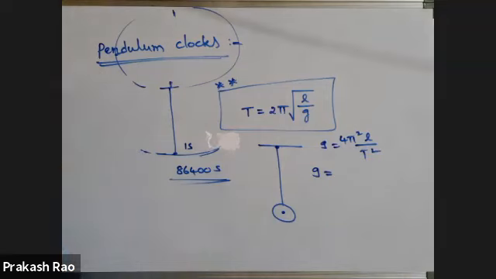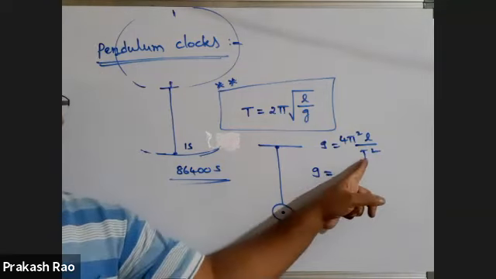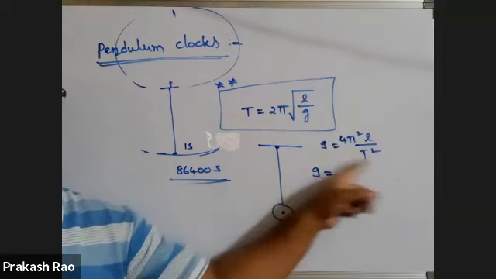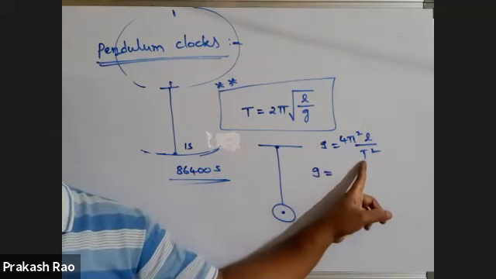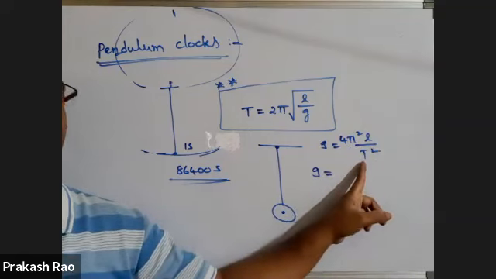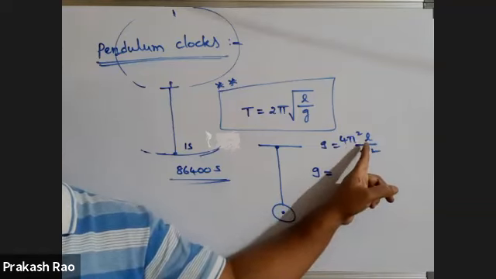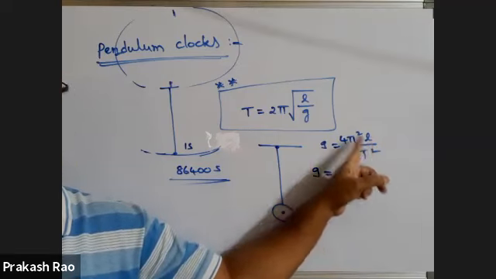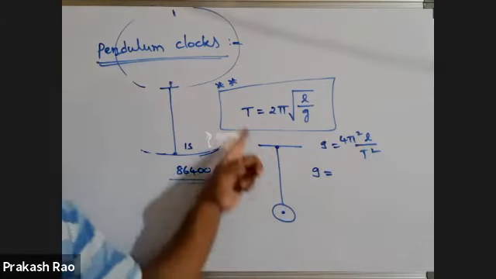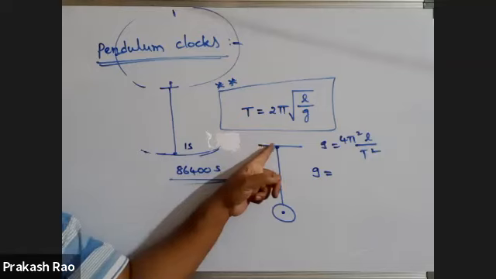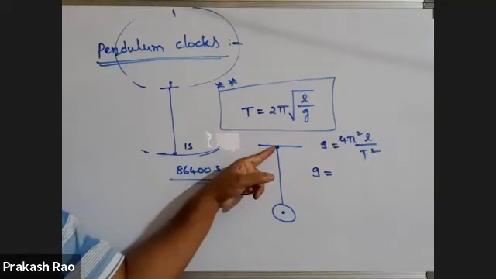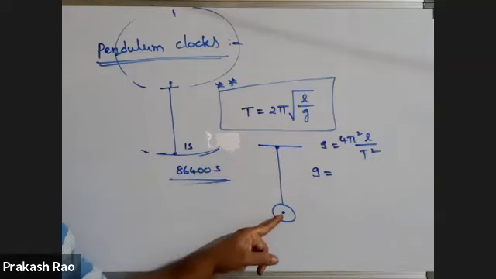Experimentally, you find the time taken for one oscillation. Actually, you calculate the time period for 20 oscillations and divide by 20 to get the time period of one oscillation. Here, L is the length of the pendulum, which is nothing but the length of the thread, the separation distance between the point of suspension and the center of the bob.